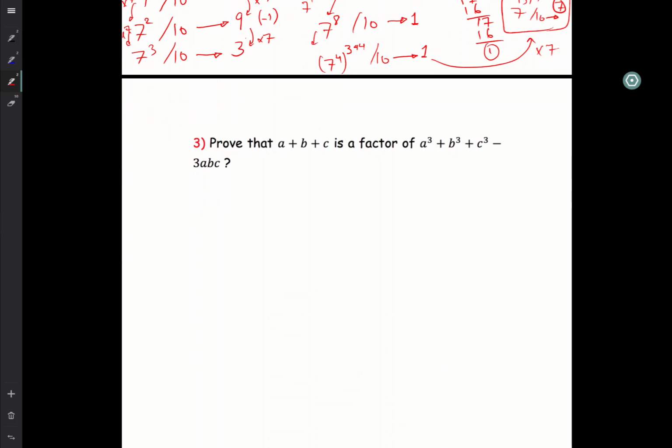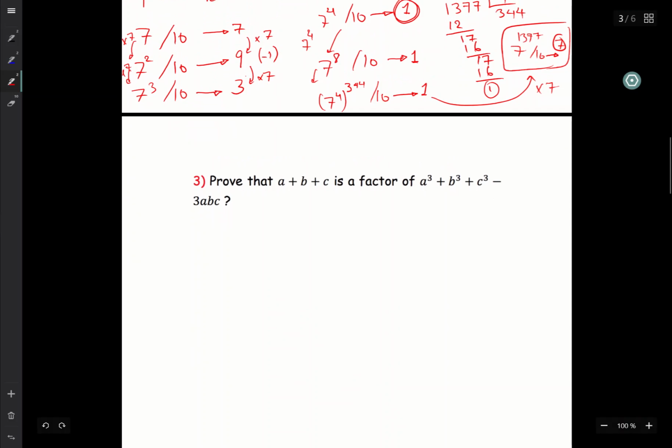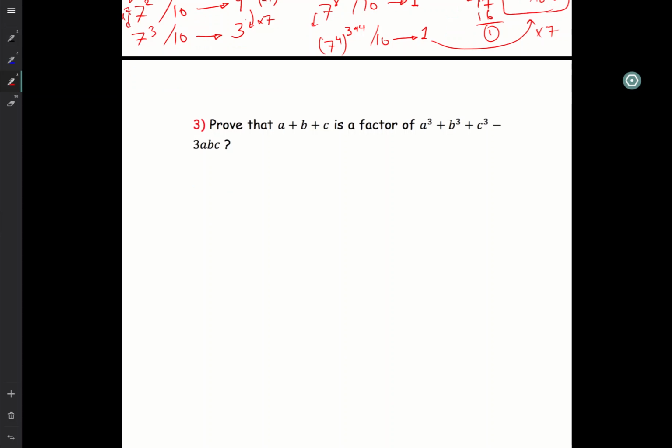All right, the third question. Prove that a plus b plus c is a factor of a cubed plus b cubed plus c cubed minus 3abc. Okay, so let's call this something like a capital X, a cubed plus b cubed plus c cubed minus 3abc.